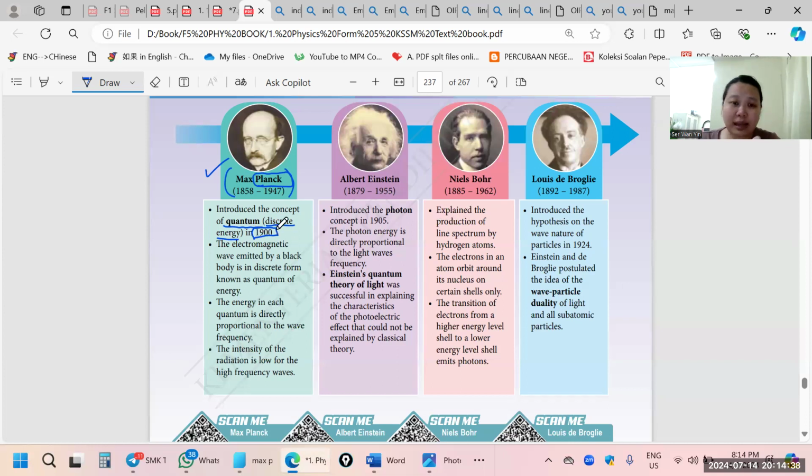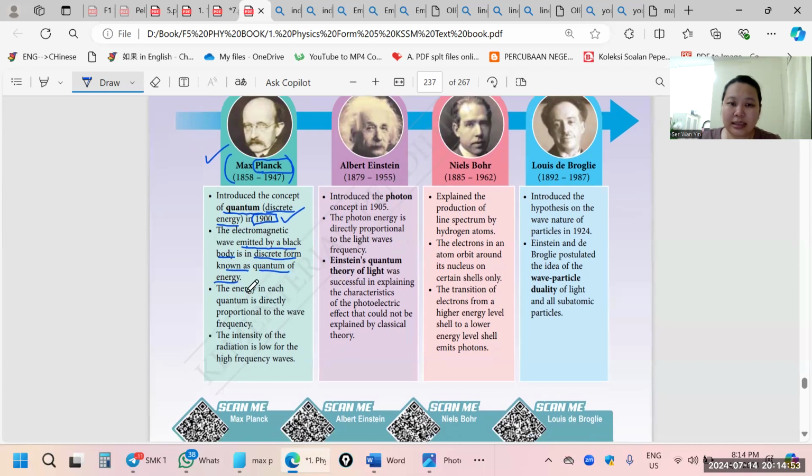Very good time, also easy to remember. He found out that the EM wave emitted by a black body is in discrete form of quantum energy. The energy in each quantum is directly proportional to the wave frequency.